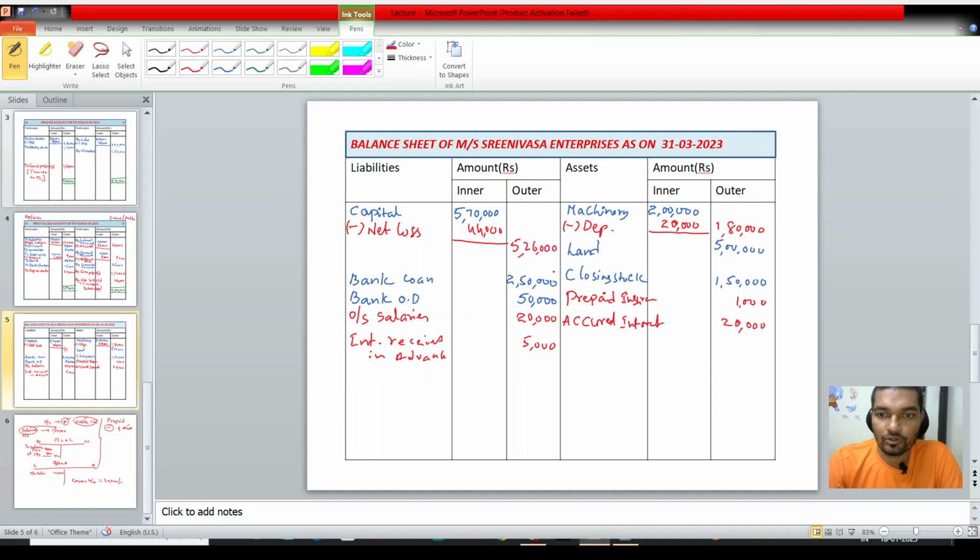Here we need to balance the balance sheet by verifying these totals using the calculator. 5,26,000 plus 2,50,000 plus 50,000 plus 20,000 plus 5,000, 25,000. So we are getting 8,51,000.